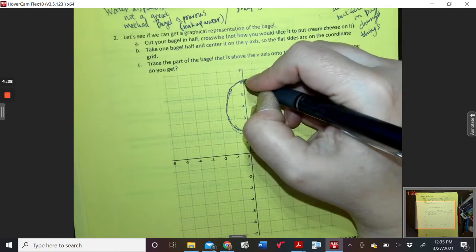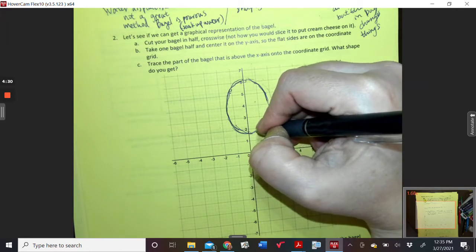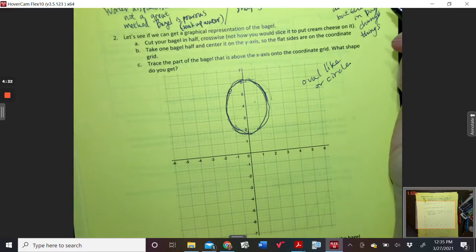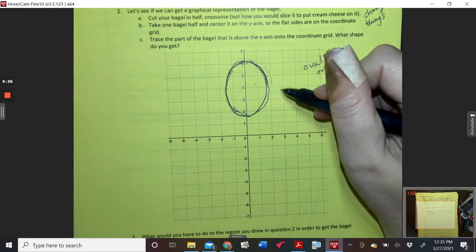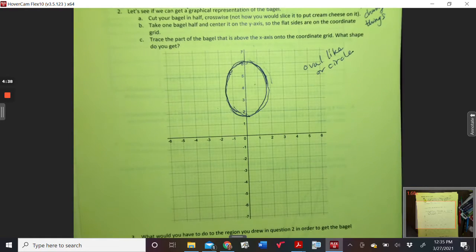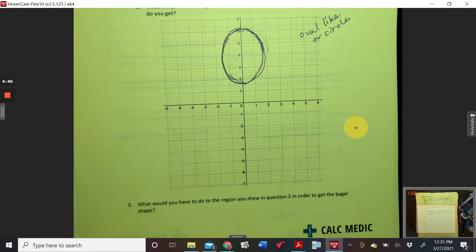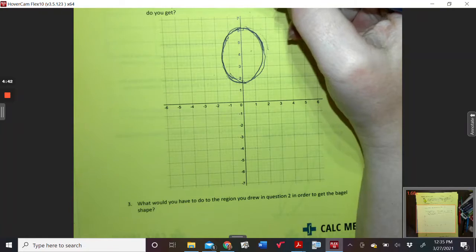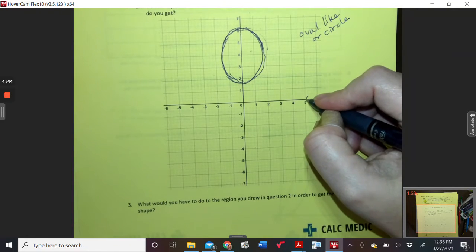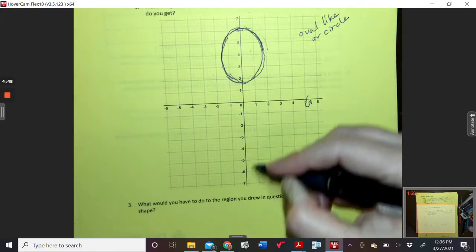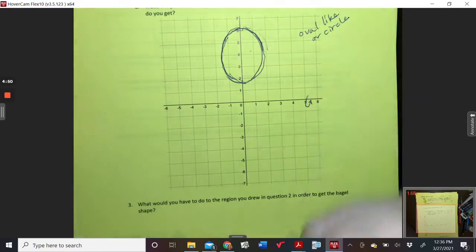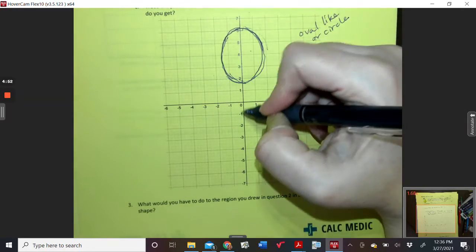Okay, there it is. What would I have to do to this to get a bagel? Well, I would rotate it around the x-axis to get a bagel, right? And the circular, donut-like bagel shape would come out, right?